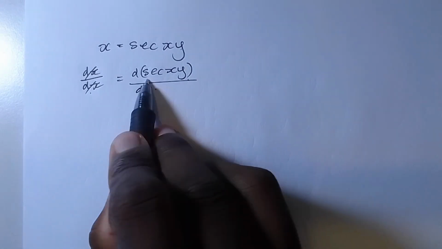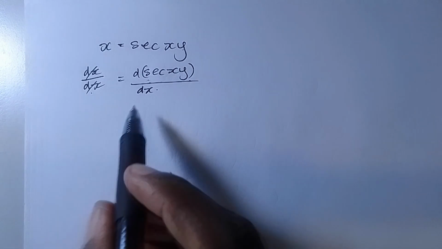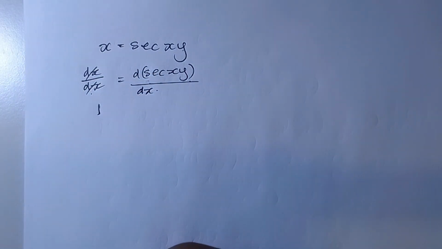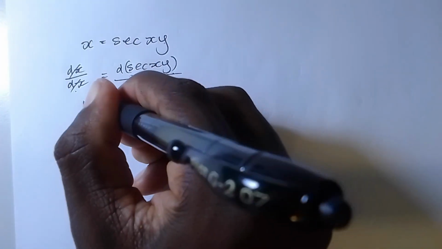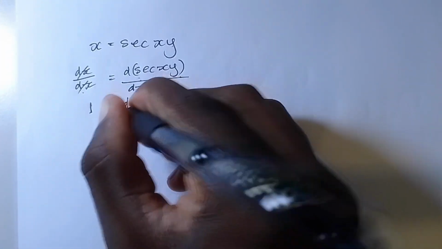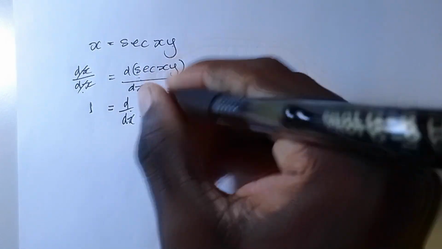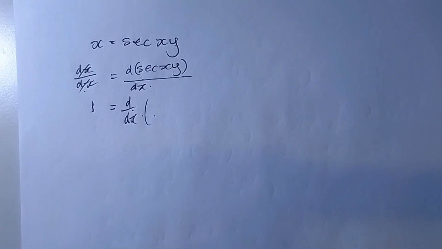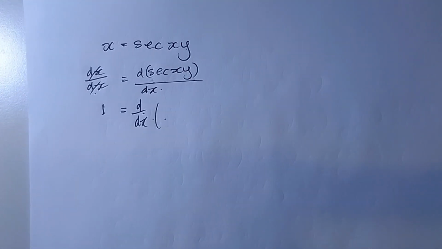This side gives us 1. But what happens to this side? We have d on dx of sec xy. But we can't directly differentiate sec, at least from what we've learned so far.